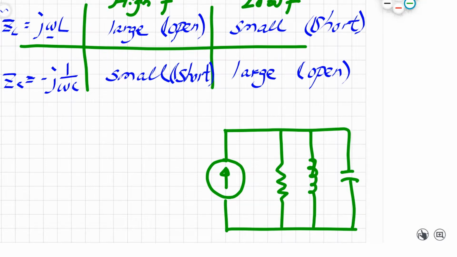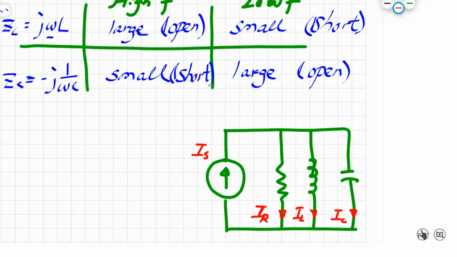What we notice is that since they're in parallel, the sum of the currents going through each of these elements is equal to the total current provided by the source. So we're going to call this IR, this IL, and this IC.